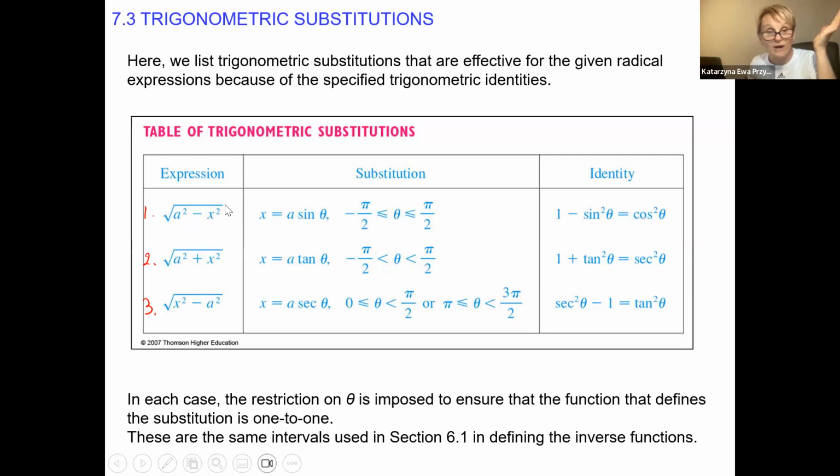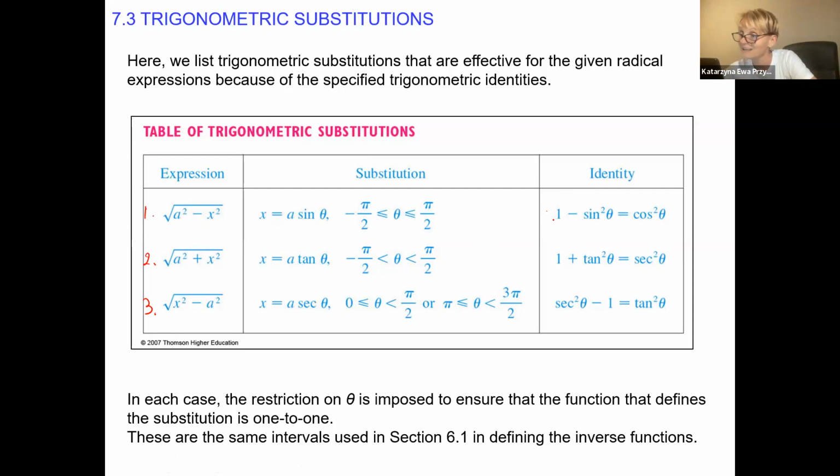Because x is squared, we will have 9 minus 9 sine square, and that 9 will be factored out, and under the square root, we will only have 1 minus sine square theta.